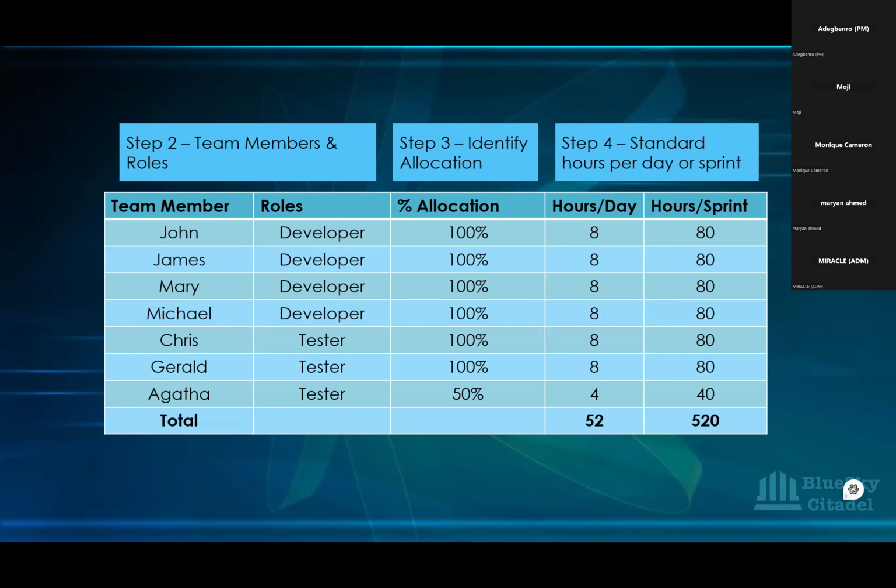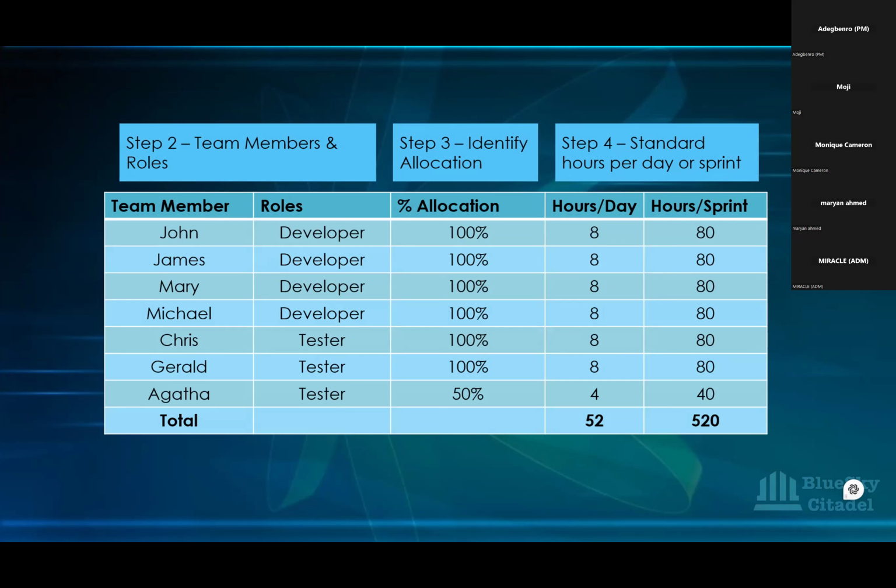Okay, so when we're looking at the distribution factor, if you look at it from John to Gerard, we have 100% allocation. So those are the full team members. Agatha is coming in as a borrowed resource, and that's why we have her at 50%.